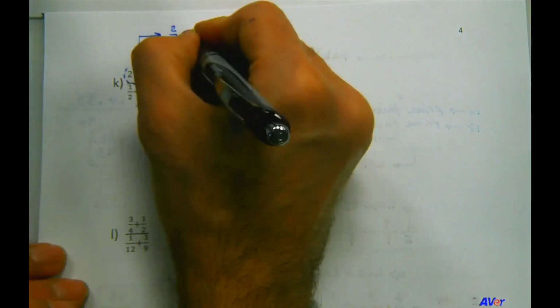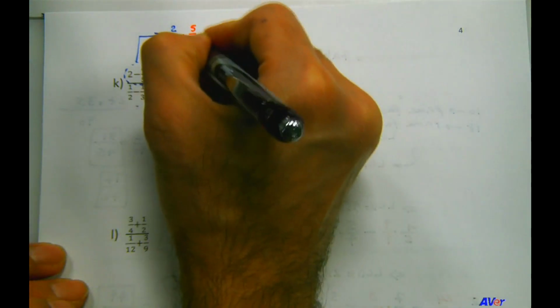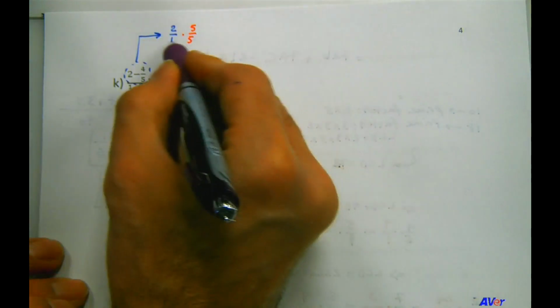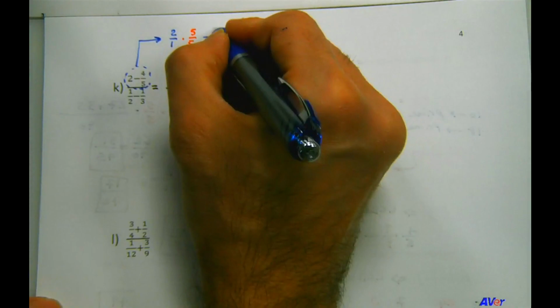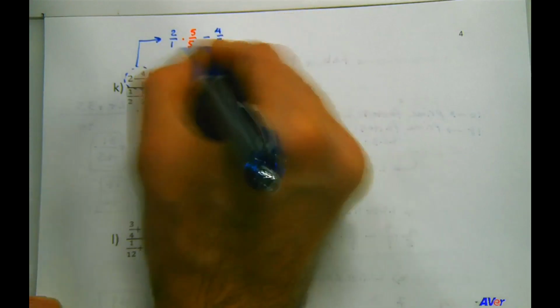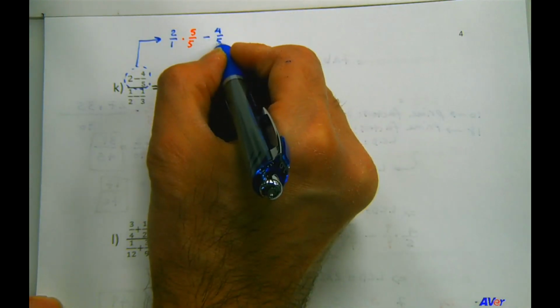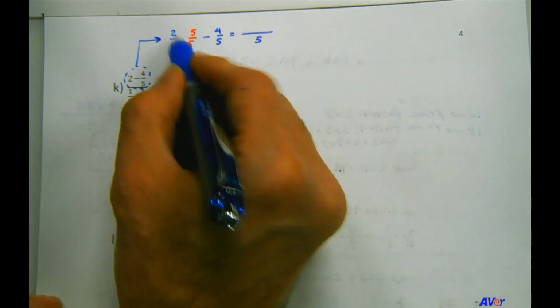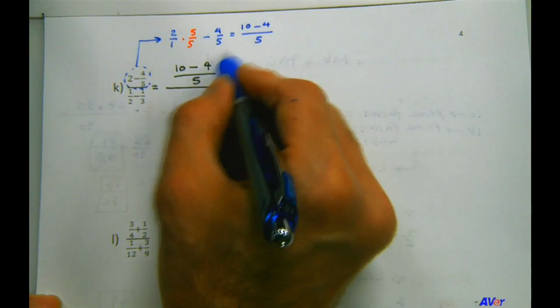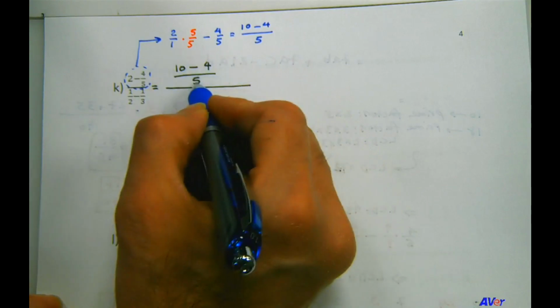So we need to multiply that fraction by 5 over 5 in order to give this the denominator we want. Then minus 4 over 5 doesn't need to be multiplied by anything because the denominator is already 5. So 5 is the common denominator. 2 times 5 is 10 minus 4 over 5. I'm going to simplify this, but I wanted to show you how I got this.